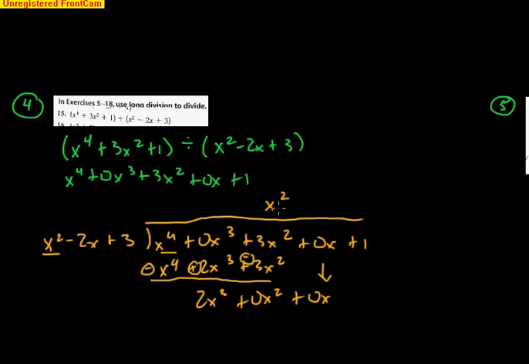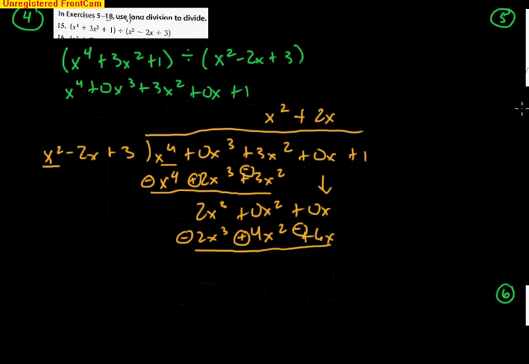To make x squared become 2x cubed, times it by a 2x, positive. Distribute. 2x cubed minus 4x squared plus 6x. Change all your signs. Minus, plus, minus. So we get the 2x cubes cancel.